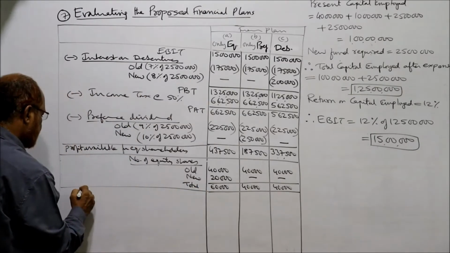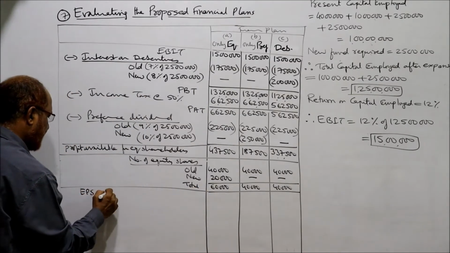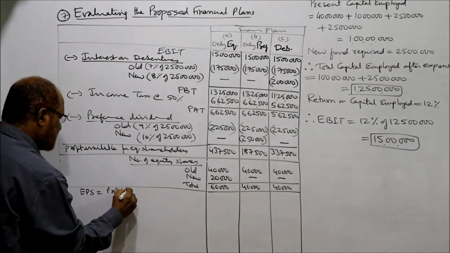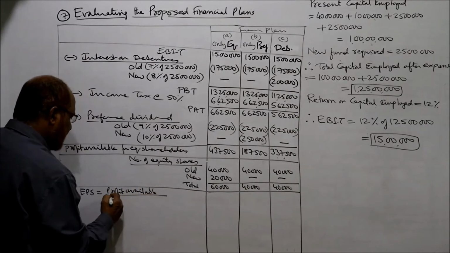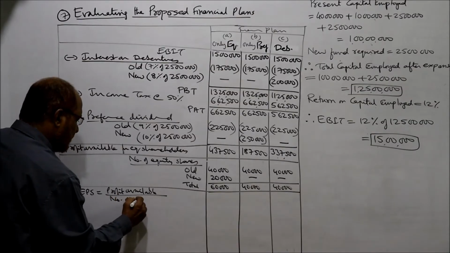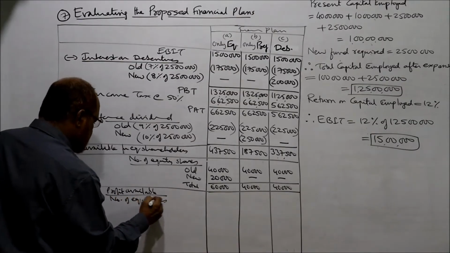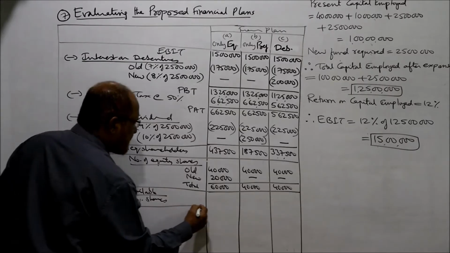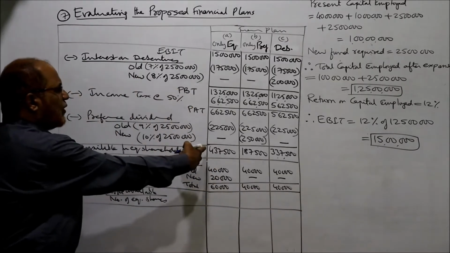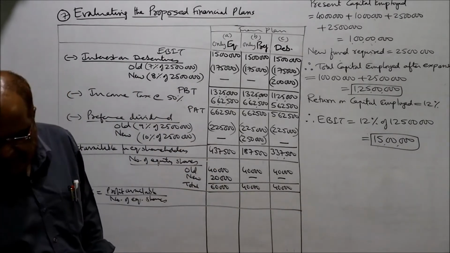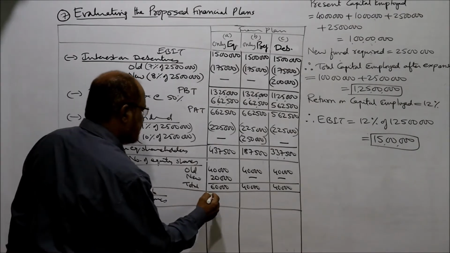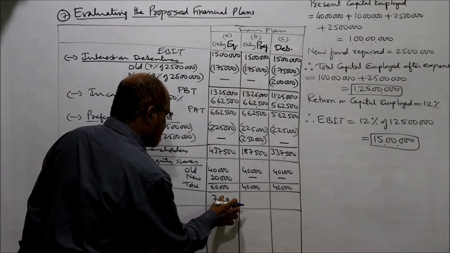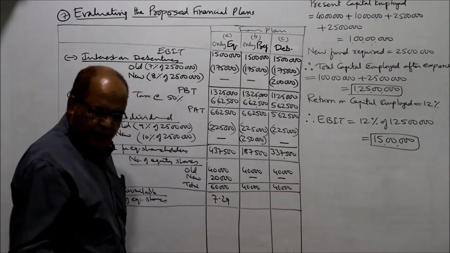Now EPS, profit available divided by number of equity shares. Now 4,37,500 divided by 60,000 gives 7.29.